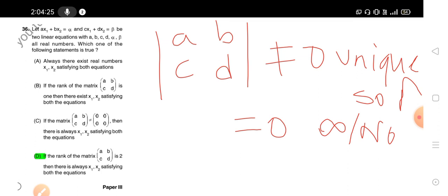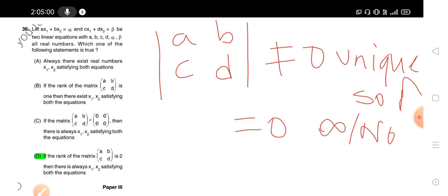Next question: let ax1 plus bx2 equal to alpha and cx1 plus dx2 equal to beta be two linear equations with a, b, c, d, alpha, beta real numbers. Which of the following statements is true? Here given two equations, suppose this is the homogeneous case, and find the determinant of a, b, c, d. If this is non-zero, that means not equal to 0, then the given equation has a unique solution.